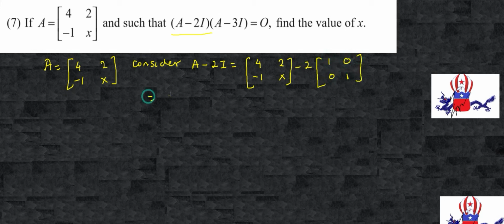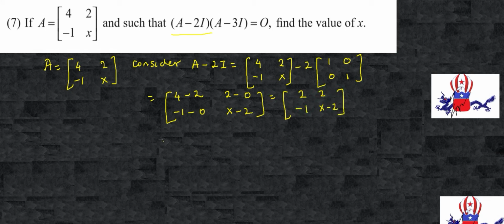So simplify this. That is going to be 4 - 2, 2 - 0, -1 - 0 and x - 2, which in turn would be [[2, 2], [-1, x - 2]]. Now consider A minus 3I.